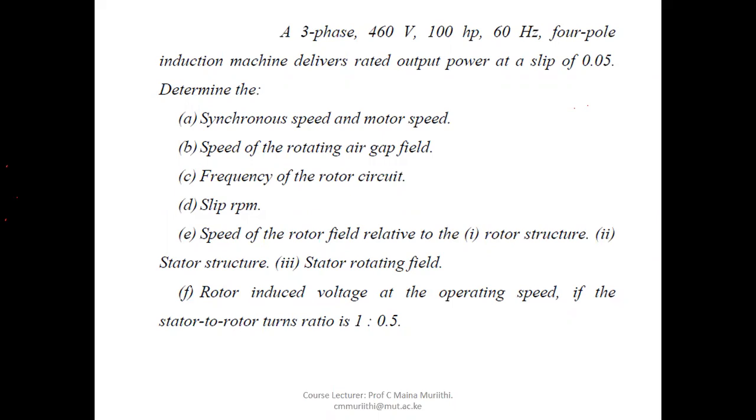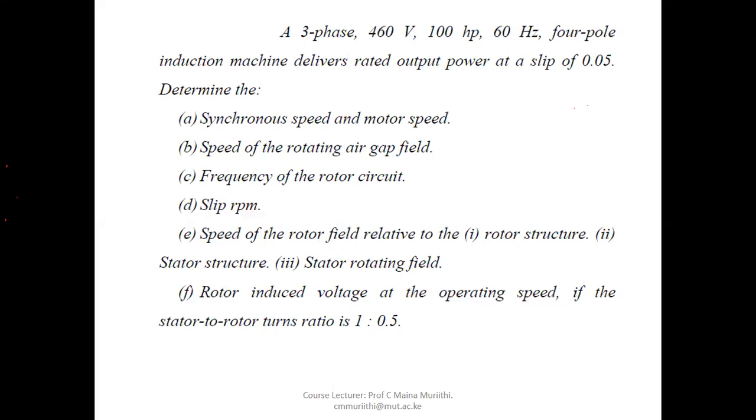And then finally for part F, the rotor induced voltage at operating speed, if the stator to rotor turns ratio is 1:0.5. Remember, we have said we can view the induction motor as a transformer.